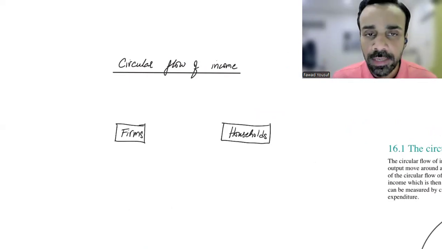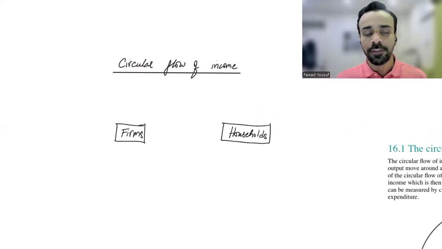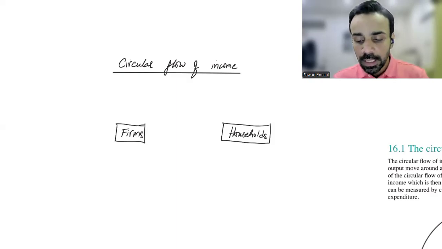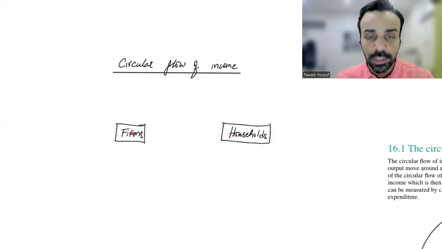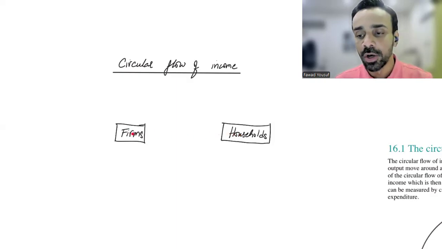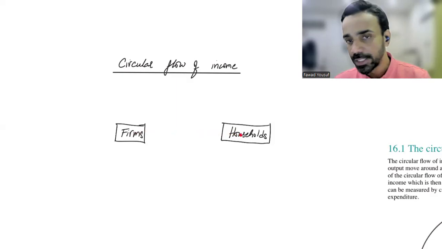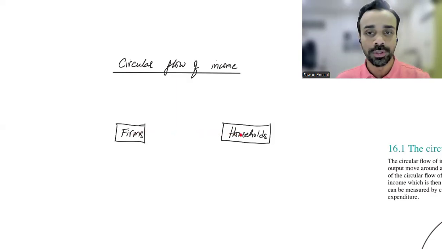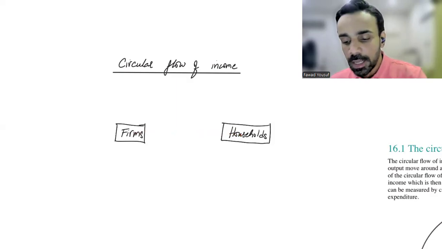इनका आपस में क्या रिलेशनशिप है, हाउसहोल्ड्स और फर्म्स का? वेल, एक रिलेशनशिप ये है कि हाउसहोल्ड्स फर्म्स को फैक्टर्स ऑफ प्रोडक्शन देते हैं, because remember in a two sector economy where there is no government, every resource, land, labor, capital, enterprise is owned by households, people.